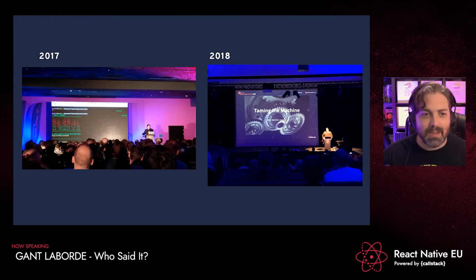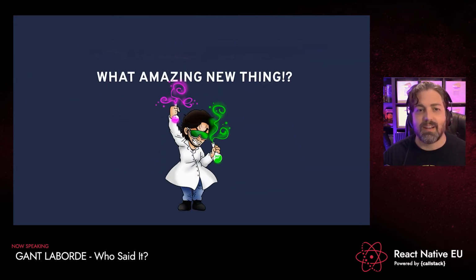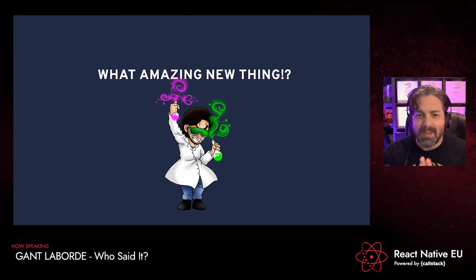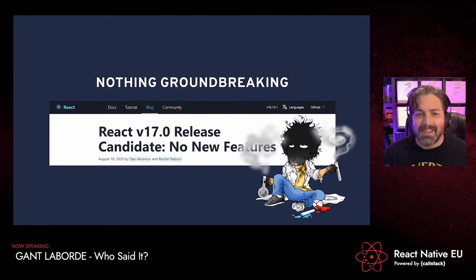So here I am speaking in 2020, and you're saying, "All right, Gant, what amazing new thing have you cooked up? What do you have here?" And I hate to pull a React 17 on you, but I don't have anything groundbreaking to show. What can you do? I've already put machine learning into React Native.